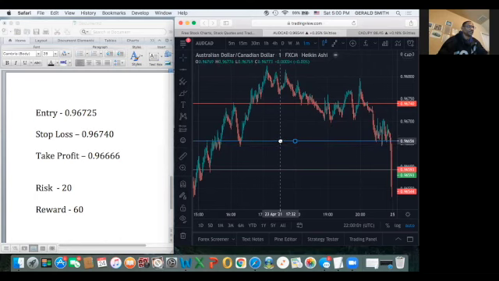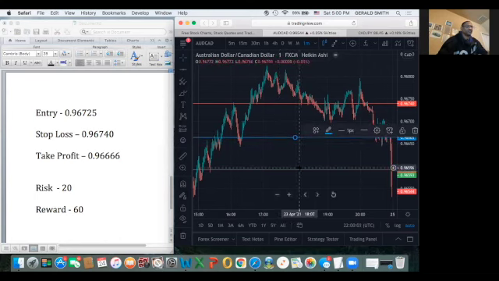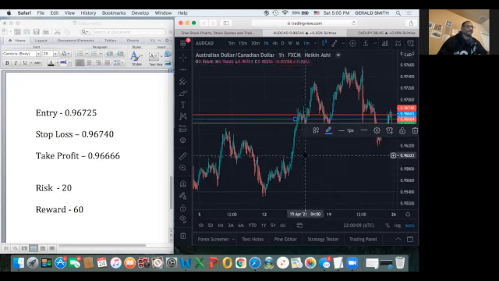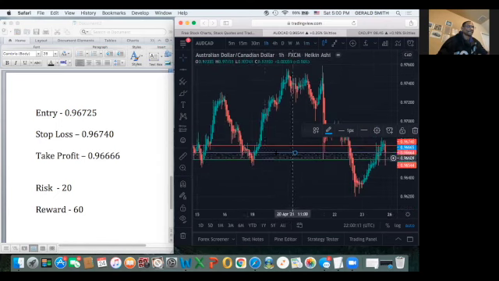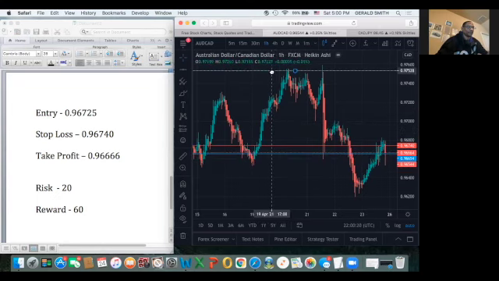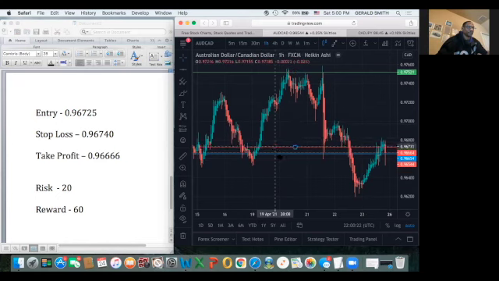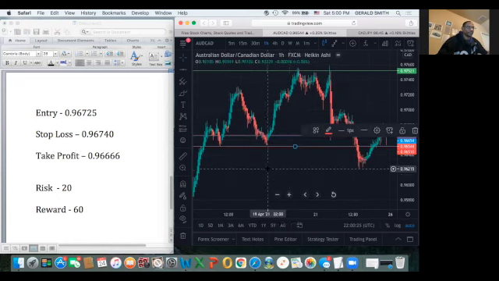Pick an entry here. Let's take profit here. Let's do a stop loss here.